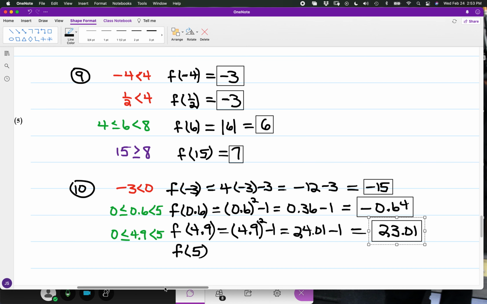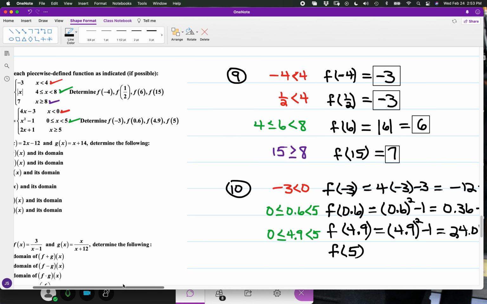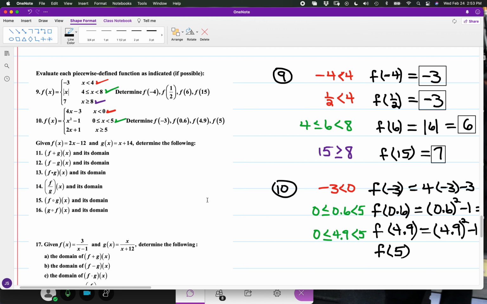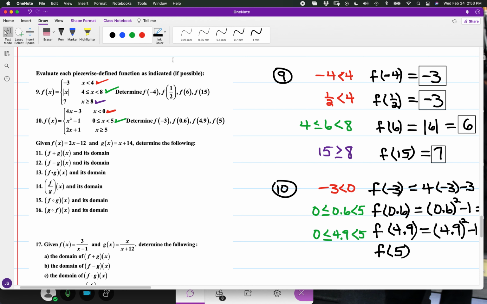And for what we have in the case of f of 5, 5 is not less than 0. 5 cannot be less than itself. And even though 5 cannot be greater than itself, it is equal to itself. So we're going to have the last of the inequality situations to apply.